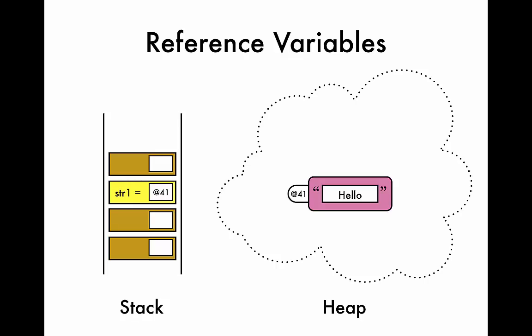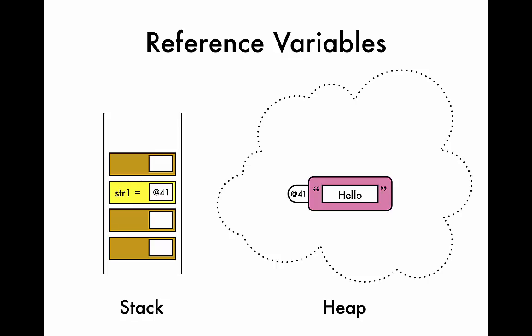Effectively, the reference value is a memory address, and that memory address is the address of some object on the heap. I like to say that a reference variable has 2 values, a reference value and an object value. The reference value is on the stack, and it points to an object that resides on the heap.